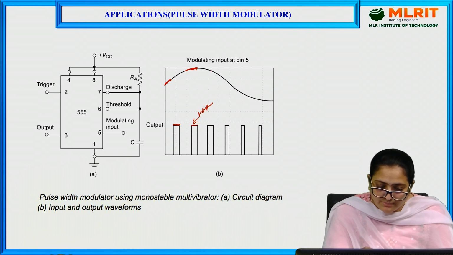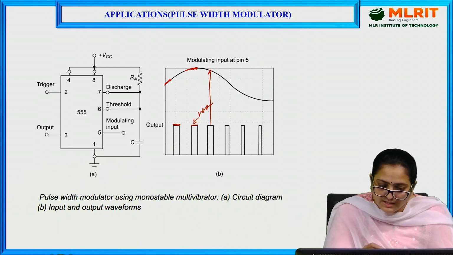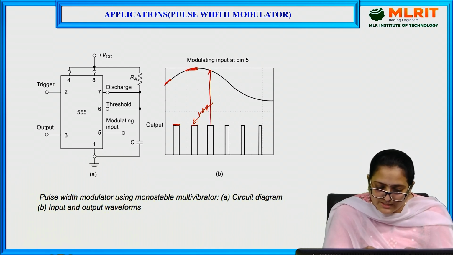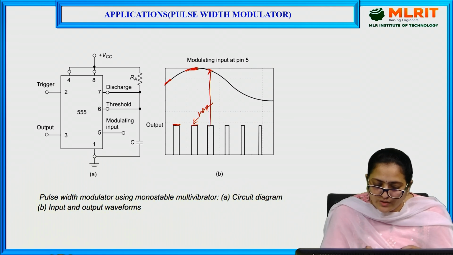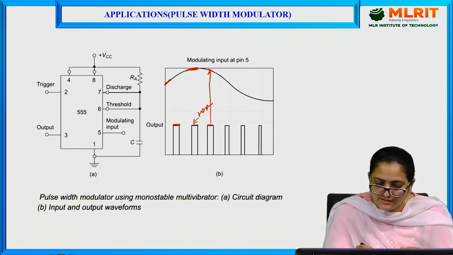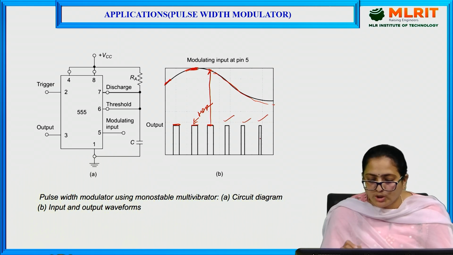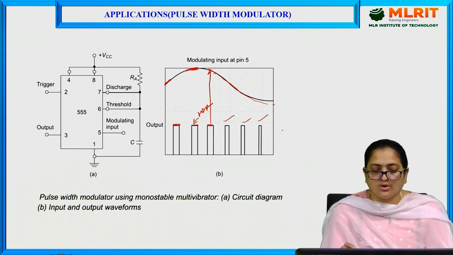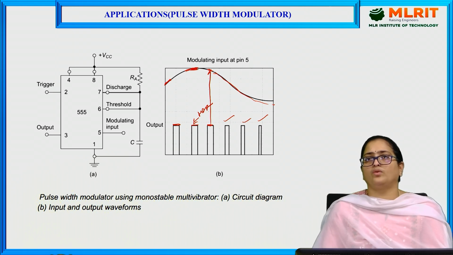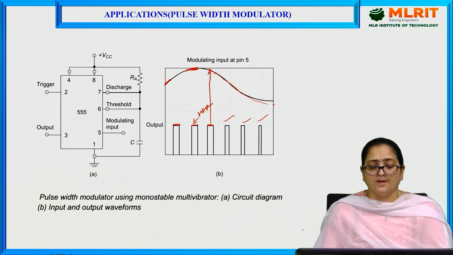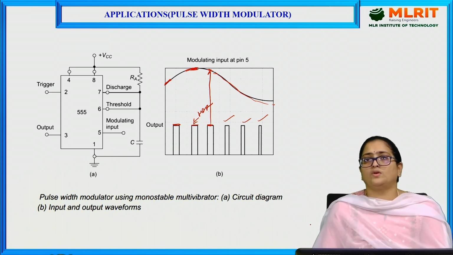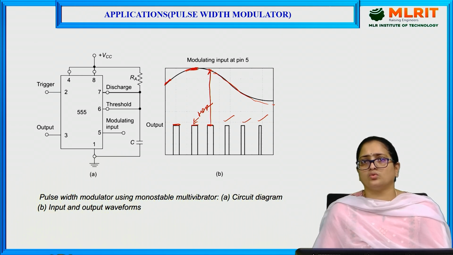And again, coming to this particular point, the amplitude will be somewhat less than this, so the width of the pulse is going to decrease. As the amplitude of the modulating signal decreases, the width of the pulse decreases. So, this is one application where the monostable multivibrator can be used, by giving a modulating input voltage to pin 5.